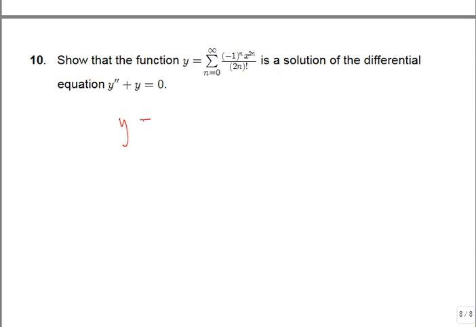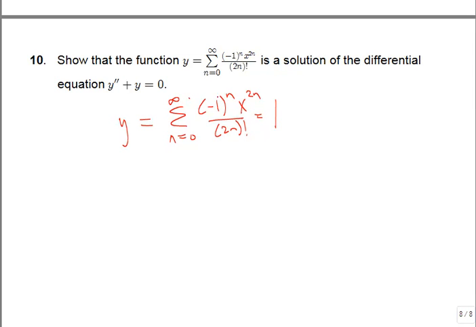So we've got y equals the sum from 0 to infinity, negative 1 to the n x to the 2n over 2n factorial. So when n is 0, all of these go to 0. On the bottom we get 0 factorial, and powers of 0 go to 1. So this whole first term is just a 1.